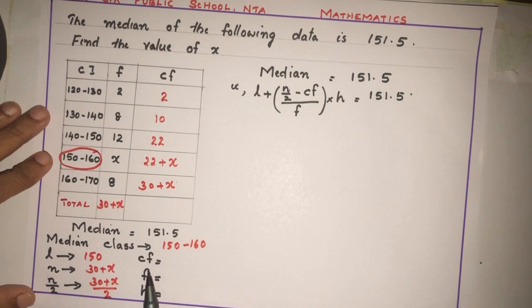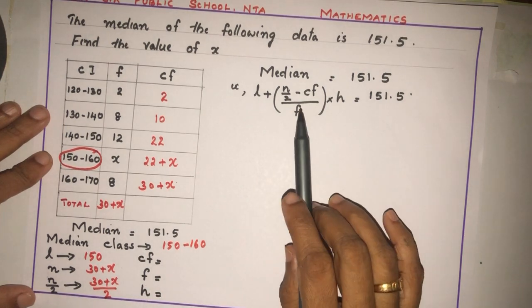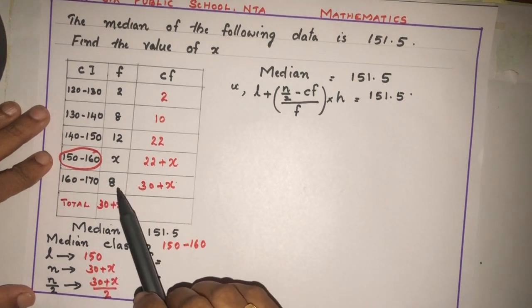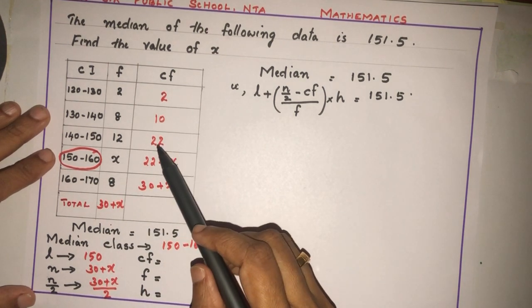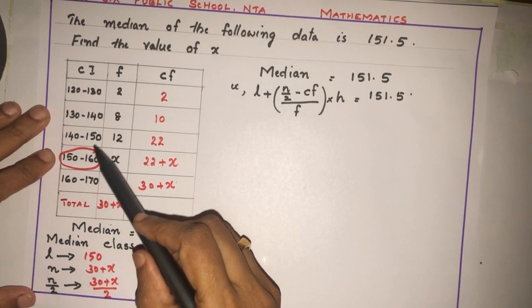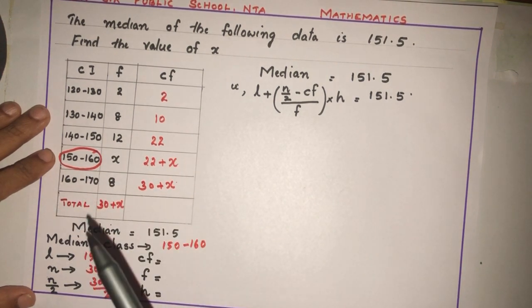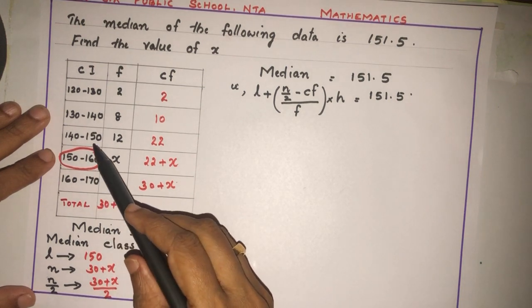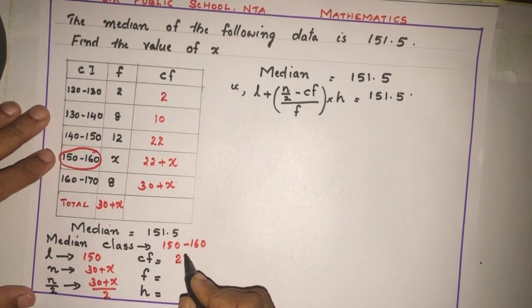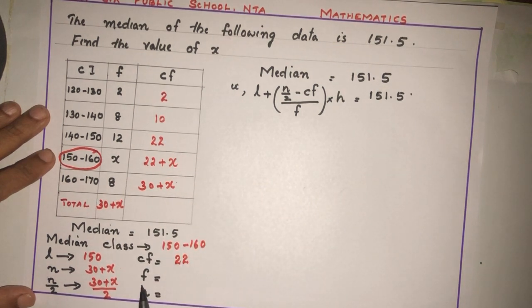Now we need CF. In the formula, what does this CF represent? CF is the CF of the preceding class of the median class. So here the preceding class is 140 to 150. Its CF is 22. Now what does f represent?